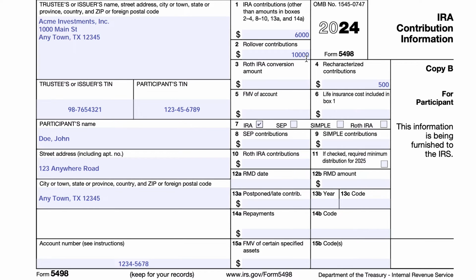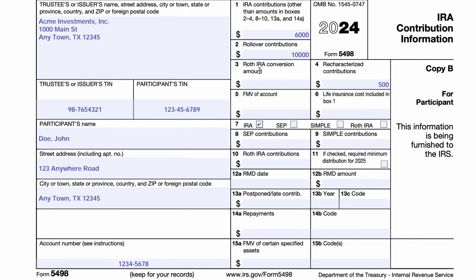Any conversions from your traditional, SEP or SIMPLE IRA to a Roth IRA would show up in box 3, not in box 2. So a rollover is different from a Roth conversion in that it is a rollover between two similar tax treatment accounts, like a pre-tax 401k into a traditional IRA.